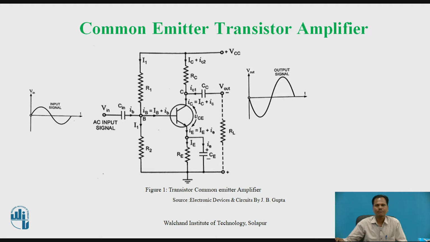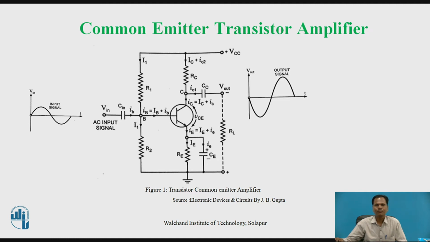The voltage across R2 is used to forward bias the base emitter junction, and VCC is used to reverse bias the collector base junction. So, a single DC power supply can be connected using voltage divider biasing or self biasing circuit to operate a transistor in a common emitter circuit configuration as an amplifier.